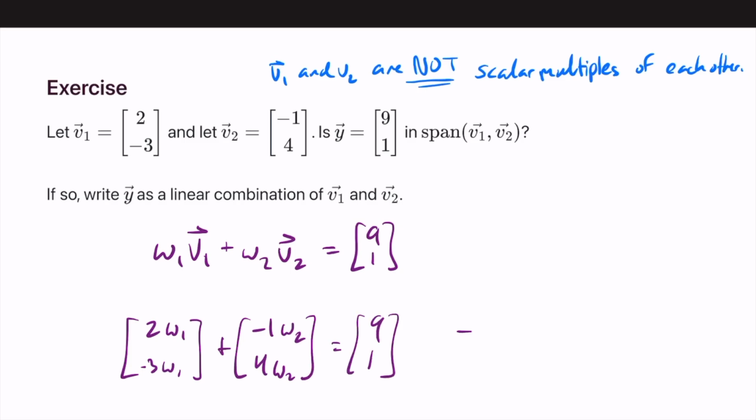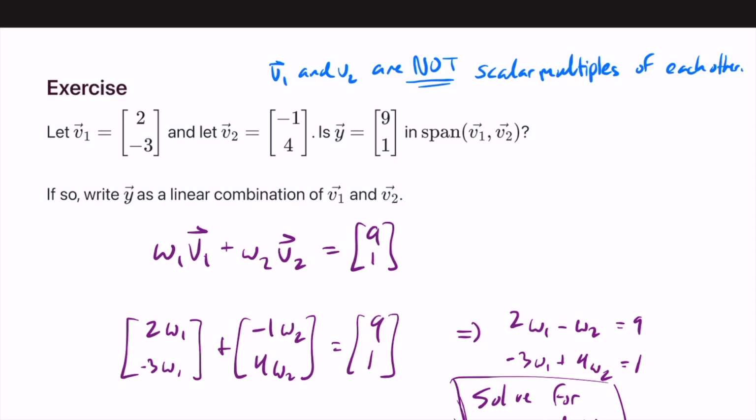Then we would solve it as 2 W1 minus W2 equals 9, and -3 W1 plus 4 W2 equals 1, and then we would solve for W1 and W2. At that point we're just talking about algebra, so that's how you find whether 9, 1 is in the span.